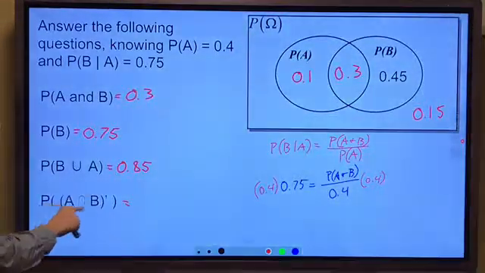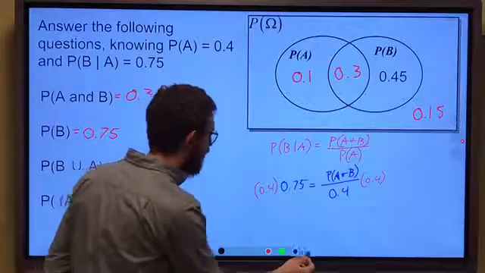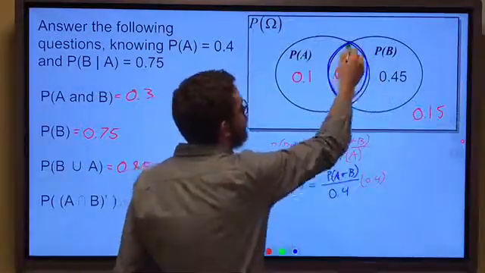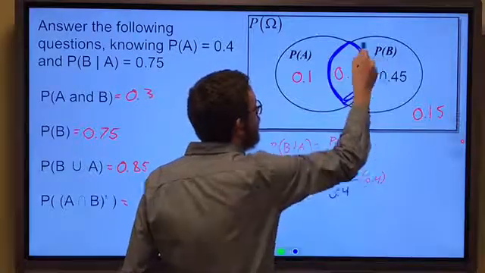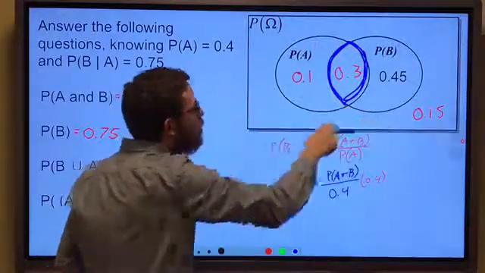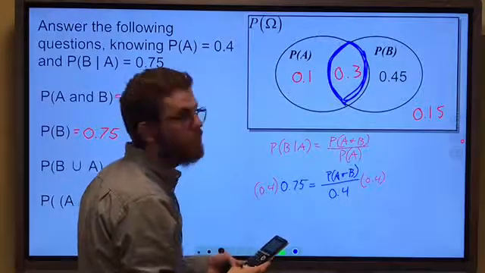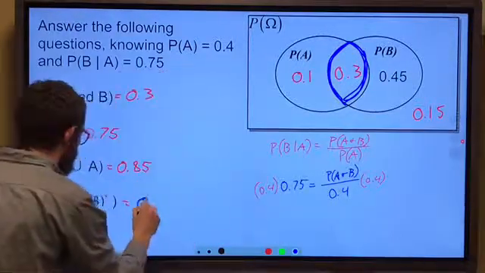What is not A and B? Well, here is A and B. So not this right here. It's everything on the outside of it. It's 0.1, 0.45, and 0.15. And that comes out to be 0.85.